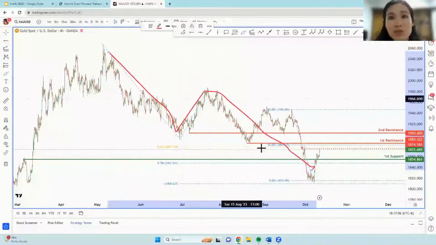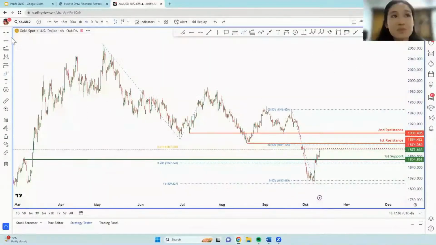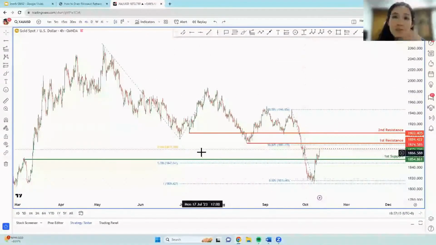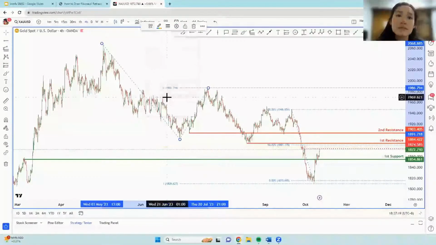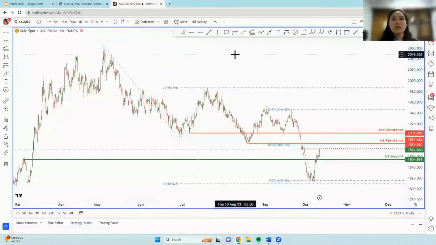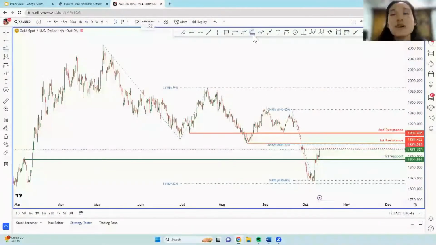I'm looking for this kind of shape here. So my 100% lines up. And again, the tool that I use is this one over here, the trend-based fib extension.